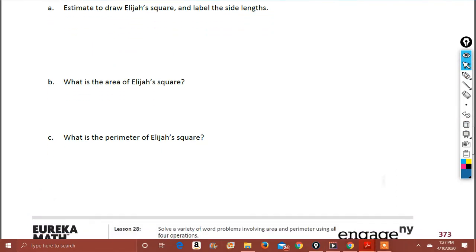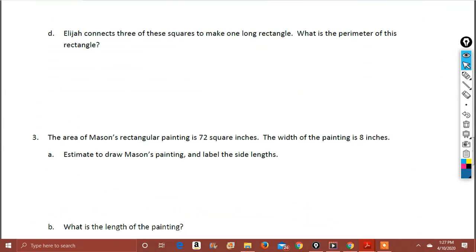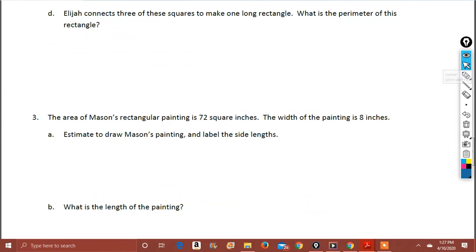All right, let's come up. This question actually has a part D. So let's take a look. Elijah connects 3 of these squares to make one long rectangle. What is the perimeter of this rectangle? So he connects 3 of these squares together, and we need to find the perimeter.